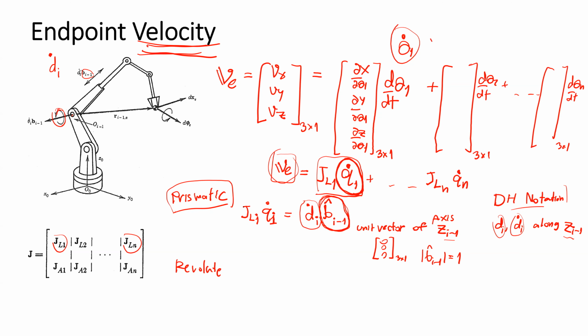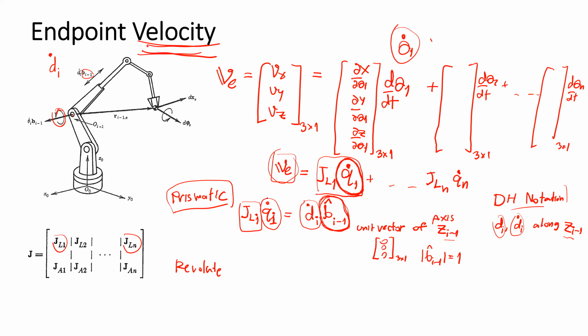The Jacobian is a vector that relates the joint variable to the endpoint velocity. Jacobian L relates the joint variable to the endpoint velocity. So by the physical meaning here, for the prismatic joint, we have prismatic velocity multiplied by the unit vector that shows the direction of the prismatic.